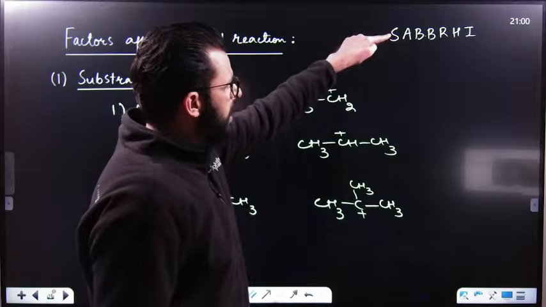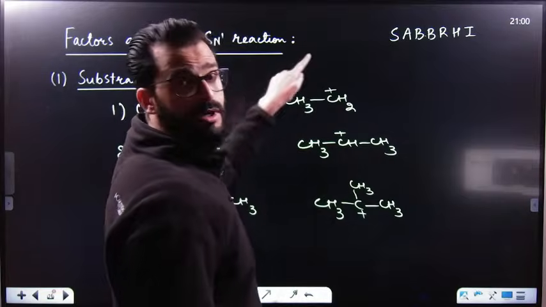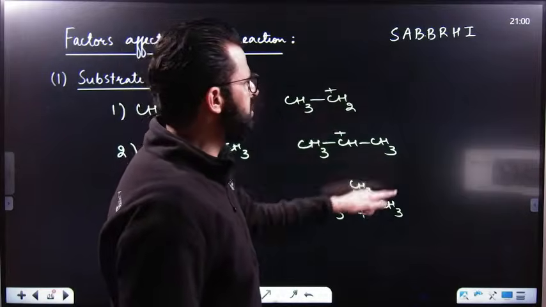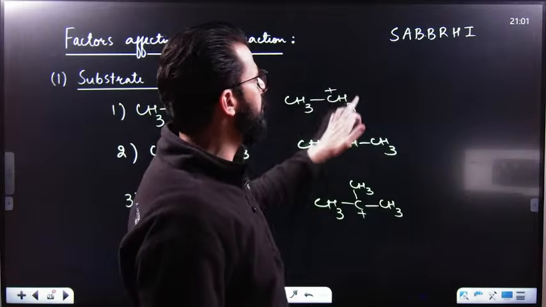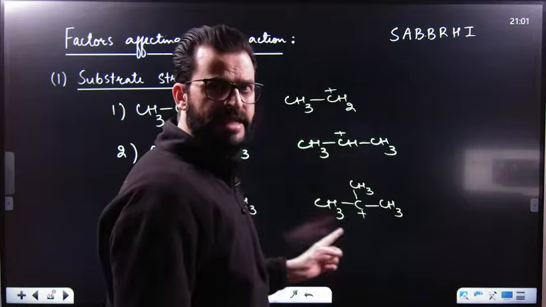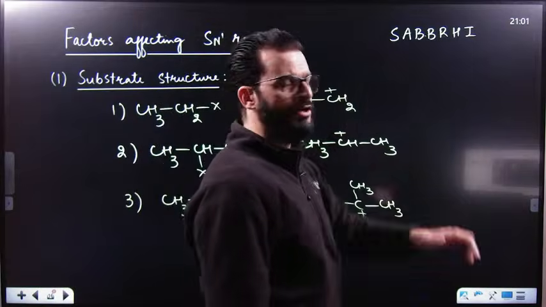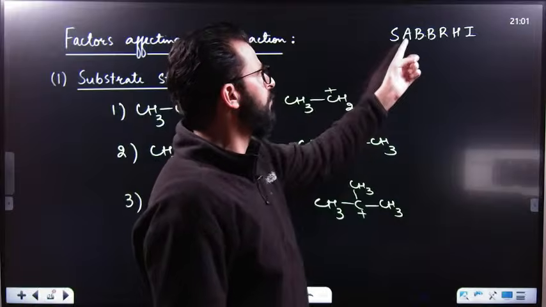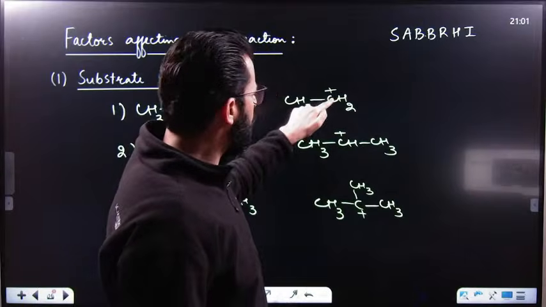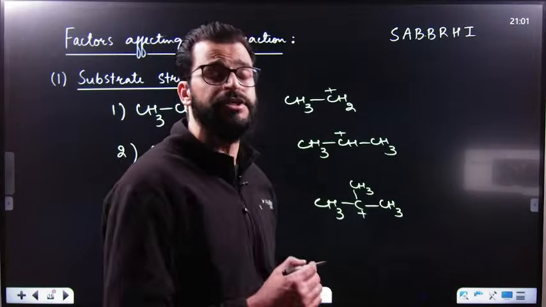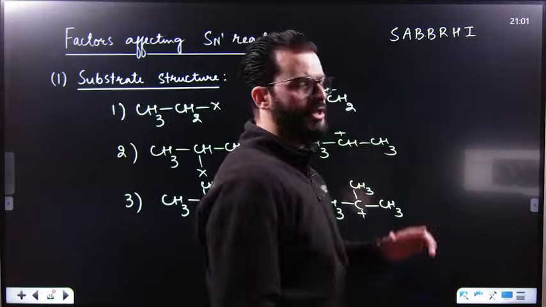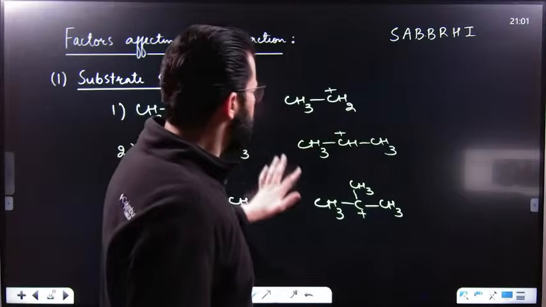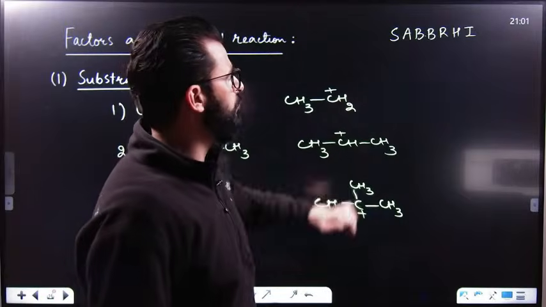But strain means there should be the cyclic structure. As this structure is not cyclic, we cannot answer this stability with the help of strain. Similarly, as it is not cyclic, we cannot explain their stability with the help of aromaticity. Similarly, carbocation is not attached to that atom which contains any lone pair of electron, so there is not the possibility of back bonding over here. Similarly, neither there are any conditions for resonance.